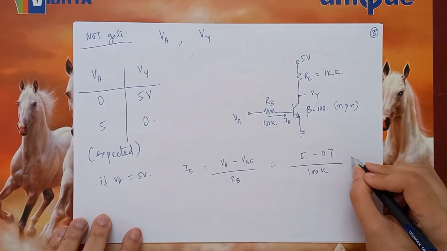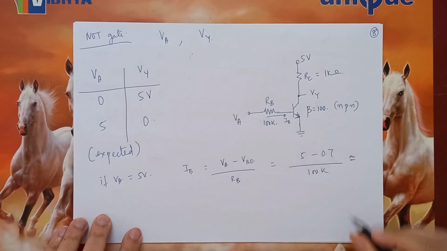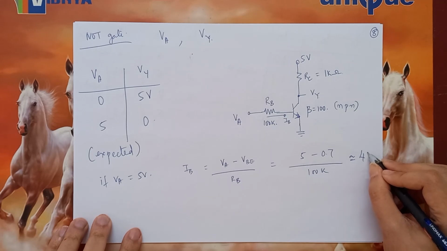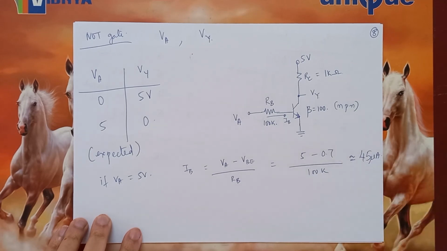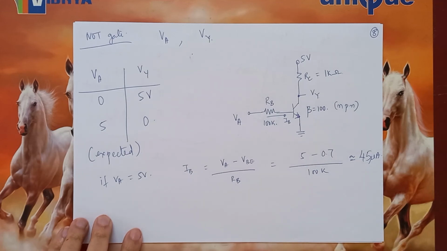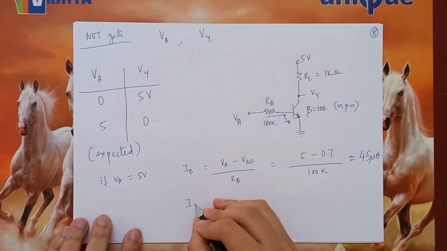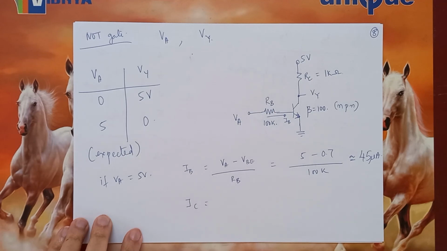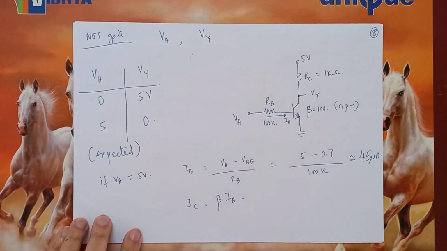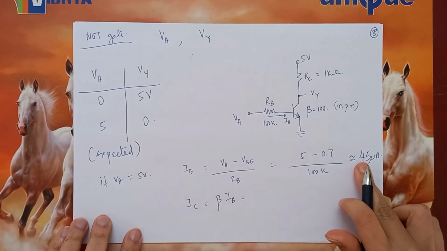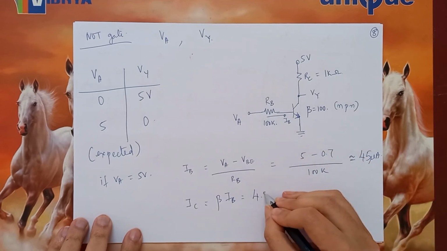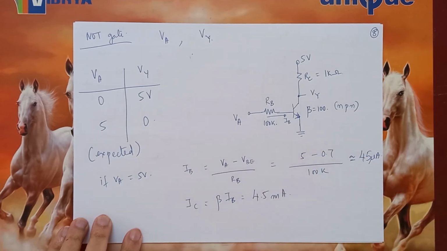That is somewhere about, I will just approximate it, 45 microamperes. It's actually going to be 43, but I'm just saying it as 45. In that case, the collector current, if you remember your transistor electronics, is beta times IB. And beta is 100, so this will be 45 micro into 100, which is 4.5 milliamperes.